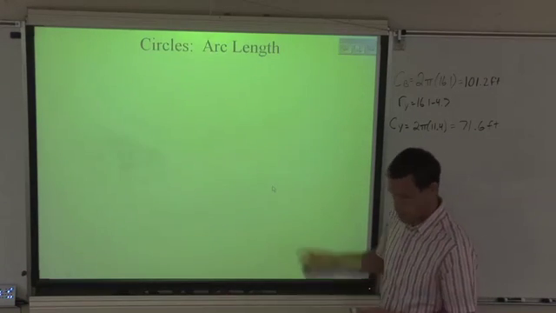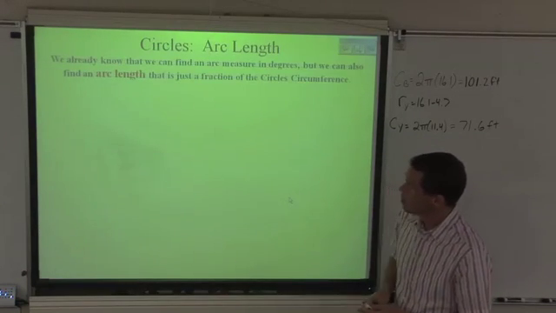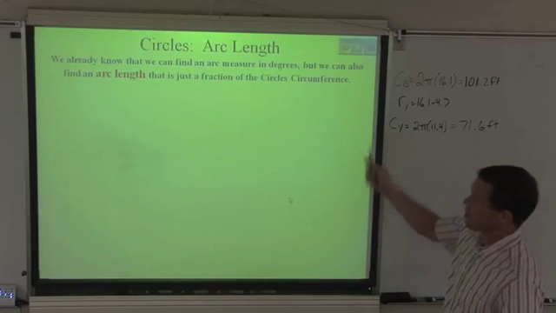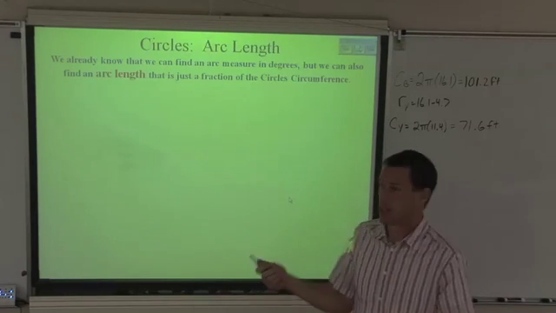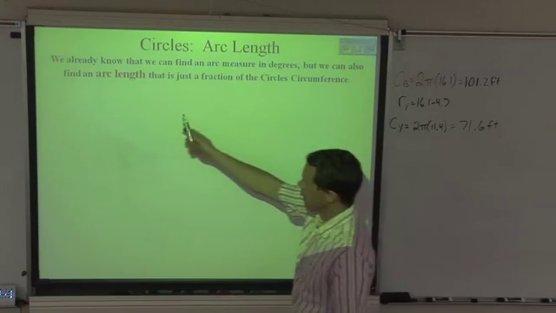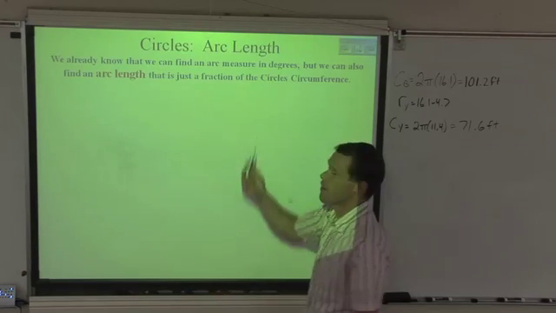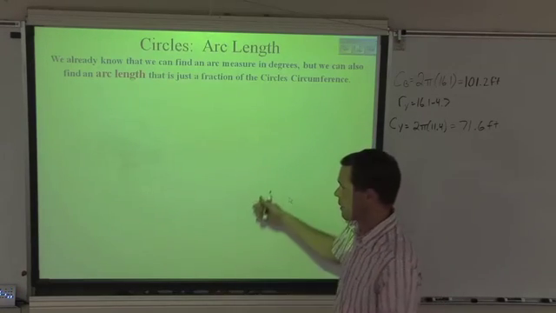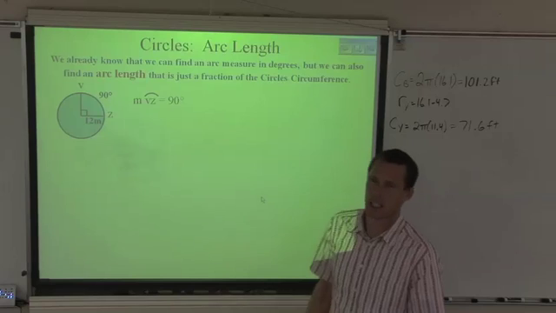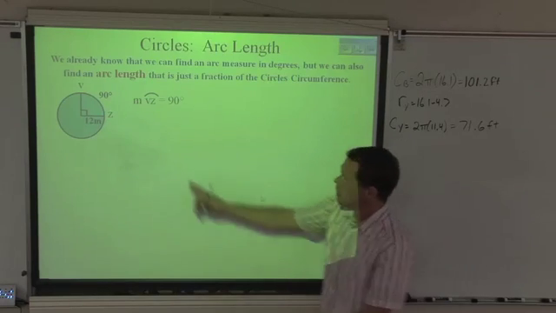Okay, arc length. We already know we can find an arc measure in degrees. It's out of 360. But we can also find an arc length that is just a fraction of the circle's circumference. For example, look at this picture here.